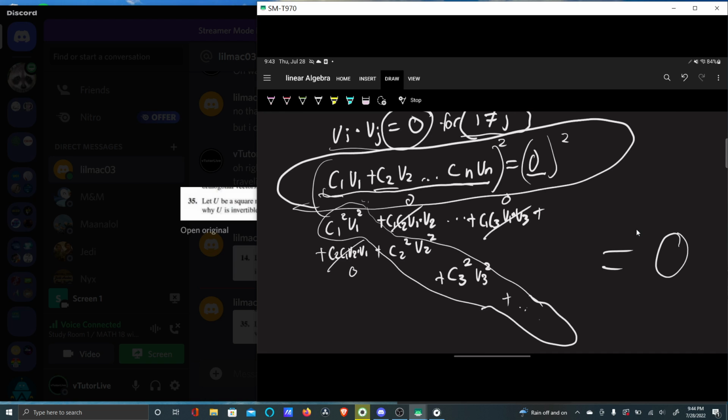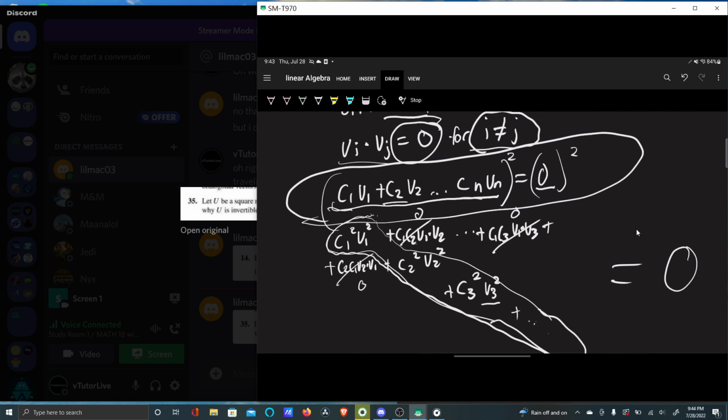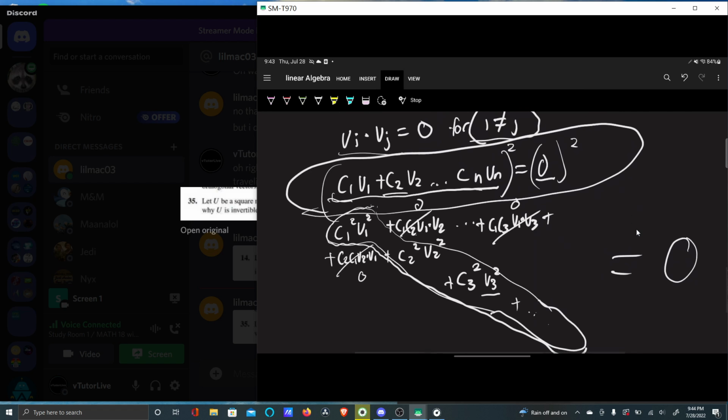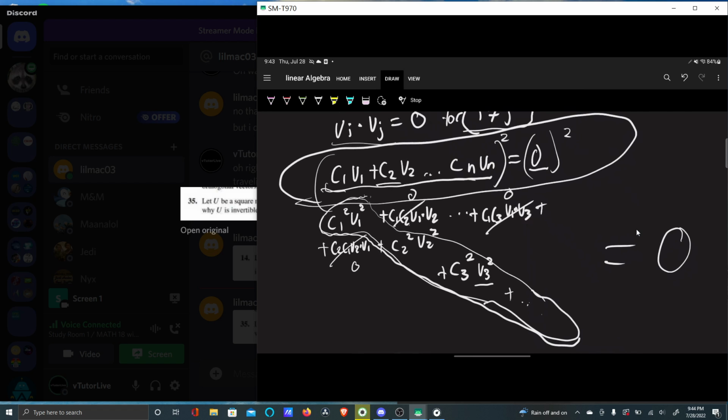And only the diagonal terms on the left-hand side are going to survive, the ones where Vi is dotting itself. All the cross terms like V1 dotted with V2, V1 dotted with V3, are going to die out. So we get C1 squared V1 squared, C2 squared V2 squared, all the way adding up to Cn squared Vn squared is equal to 0.